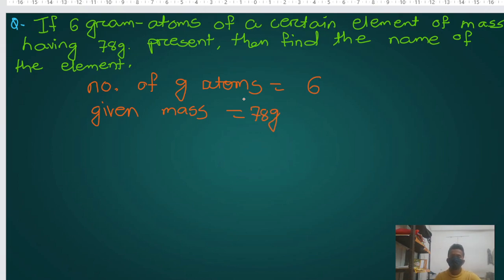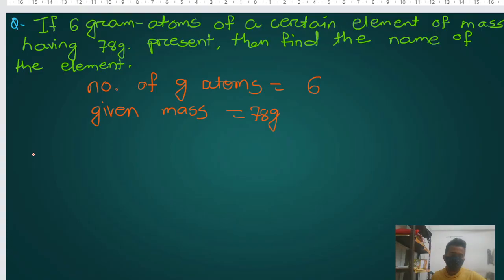So what is asked in this question? Find the name of the element. We don't know any formula for knowing the name of an element directly, so first of all we have to find its atomic mass.